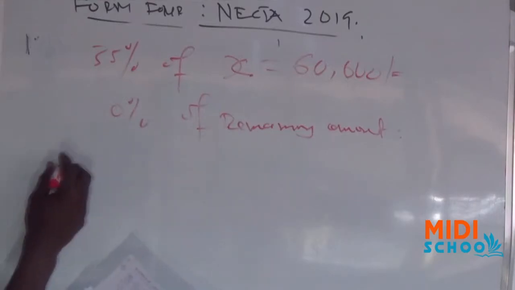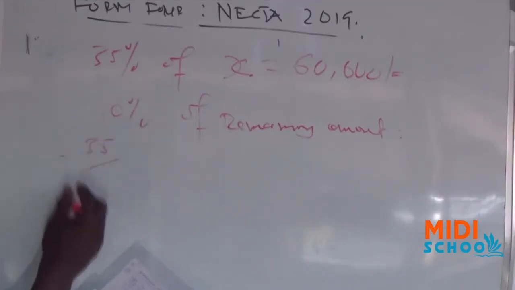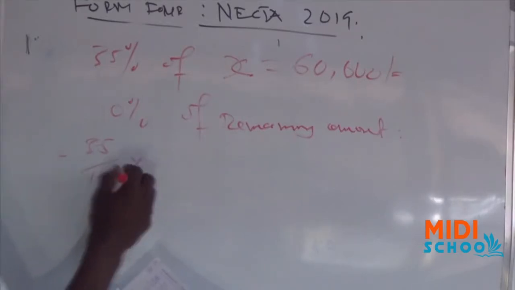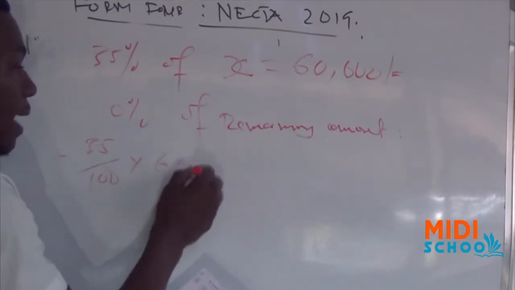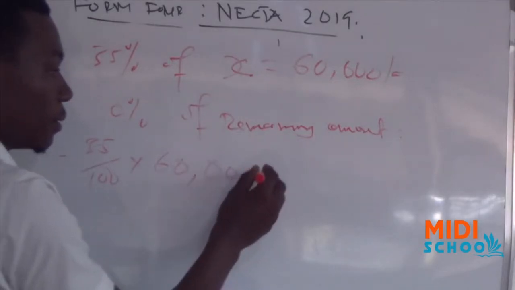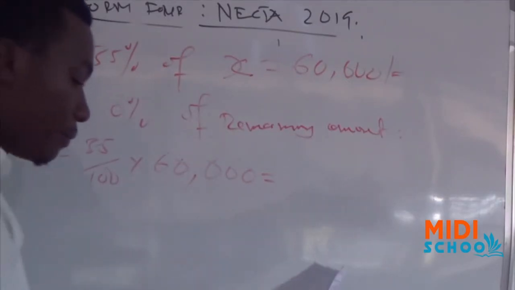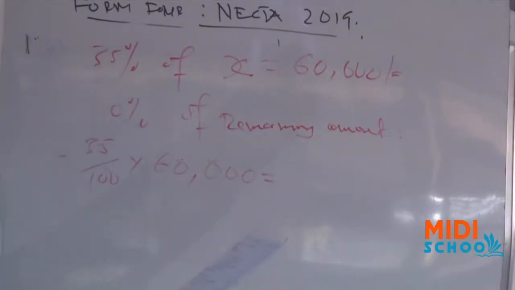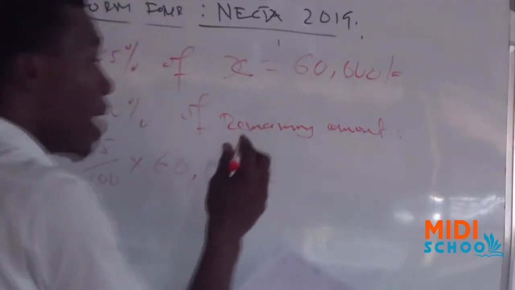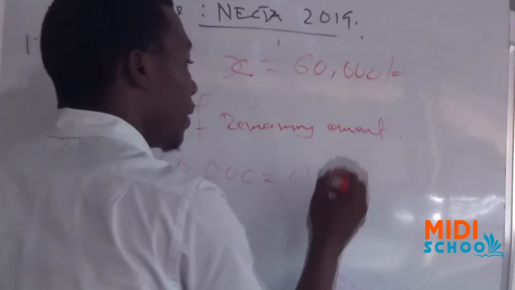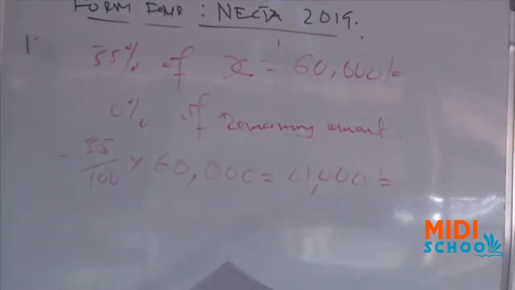So here we get 35% of the amount of money, which is 60,000, which is equal to 21,000. This is the amount of money she spent on the shoes.